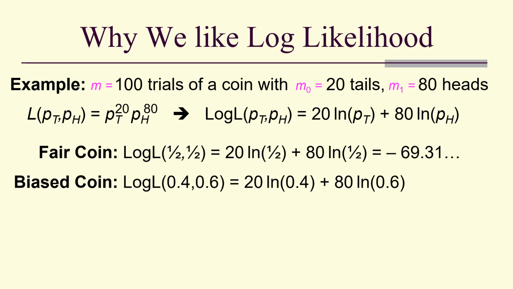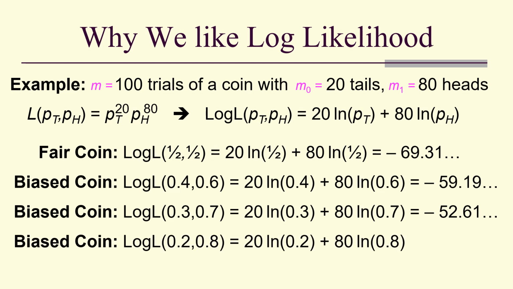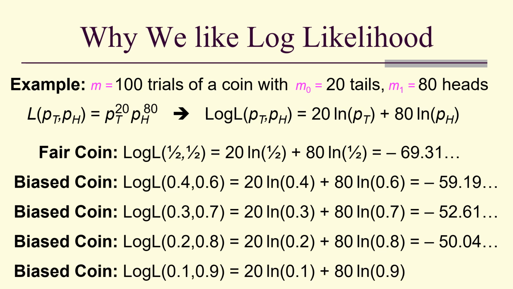For a biased coin with probability of tails of 0.4 and heads 0.6, we get a log likelihood of negative 59.19. And notice that these are numbers we're comfortable with. For probability of tails of 0.2 and heads of 0.8, negative 50.04, and for 0.1 and 0.9, negative 54.48.